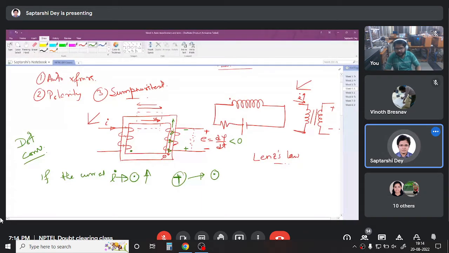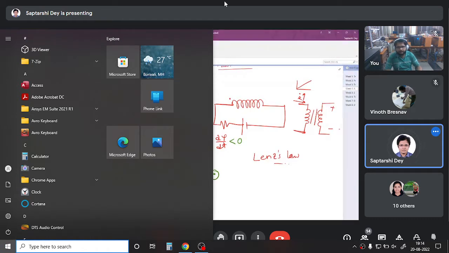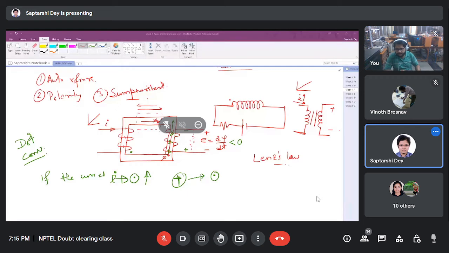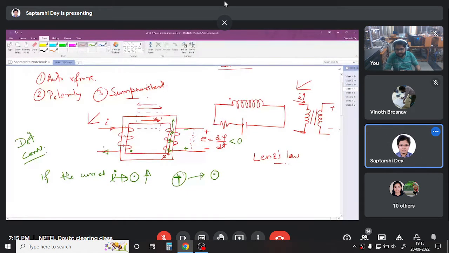So what do I have? I have a current which is going out, and this current is increasing, right?